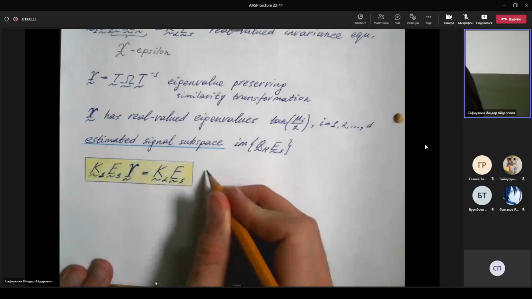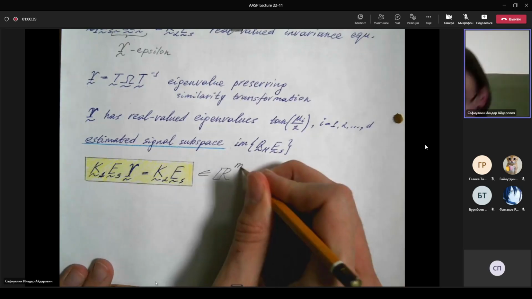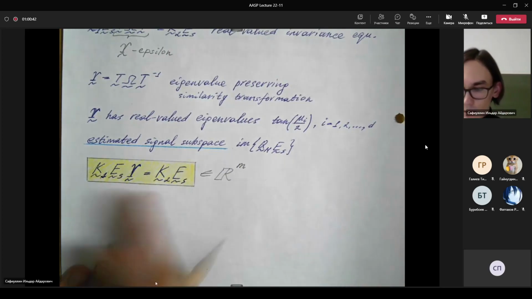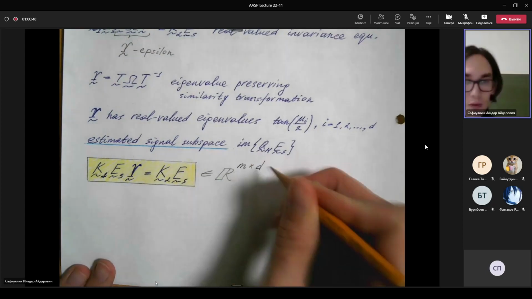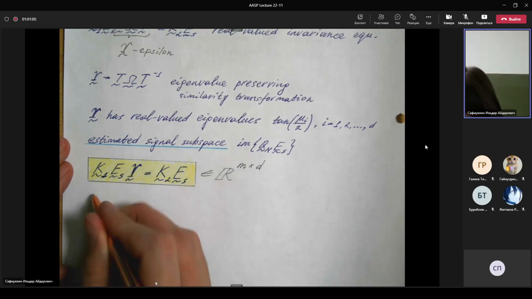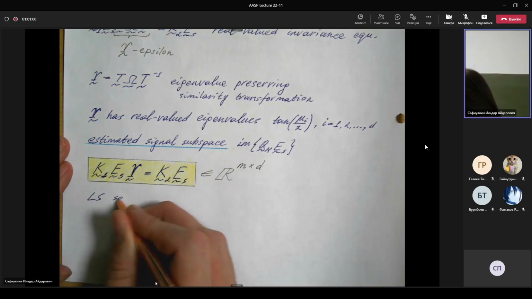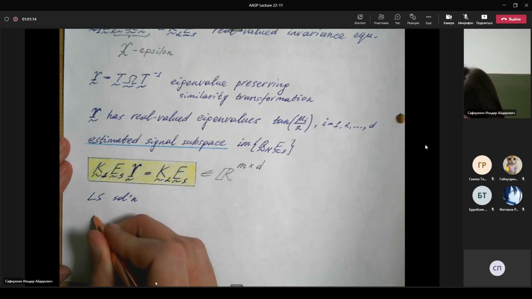This multiplication is real of size small d, the number of elements in subarrays, times the number of sources. And let's show in short notation that we can use the least-squares algorithm to find this matrix epsilon. In this case, we have this least squares solution.